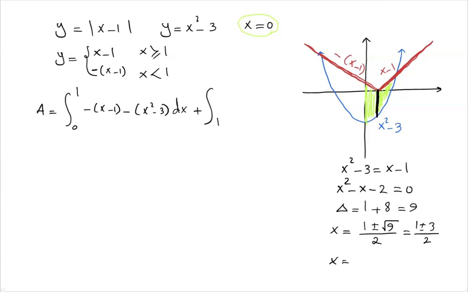So x is 4 divided by 2, or 2, or x is equal to negative 2 divided by 2, which is negative 1. So the intersecting value is going to be 2. So from 1 to 2, the top function, the larger y value, is x minus 1, minus the smaller y value x squared minus 3, dx.